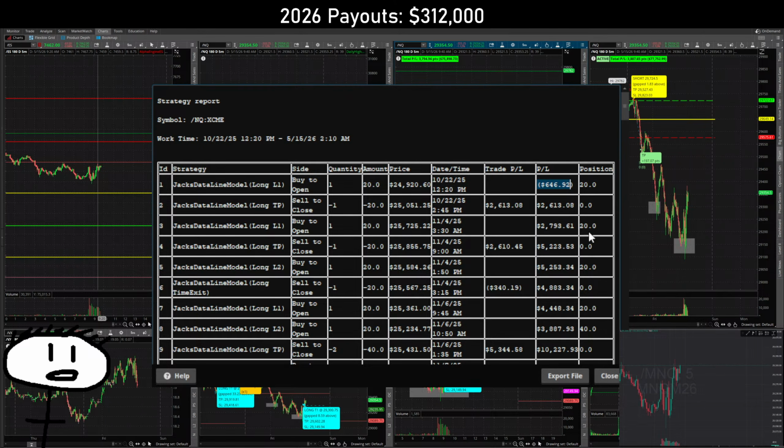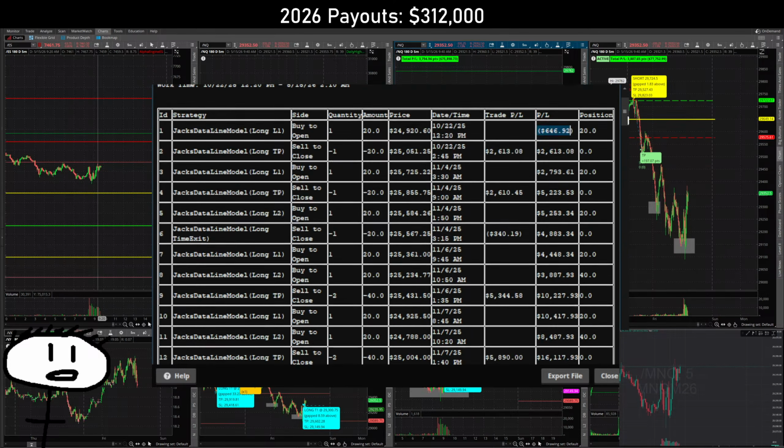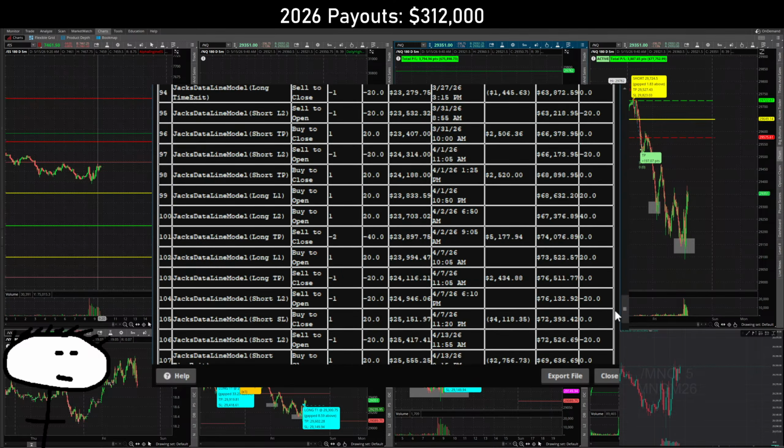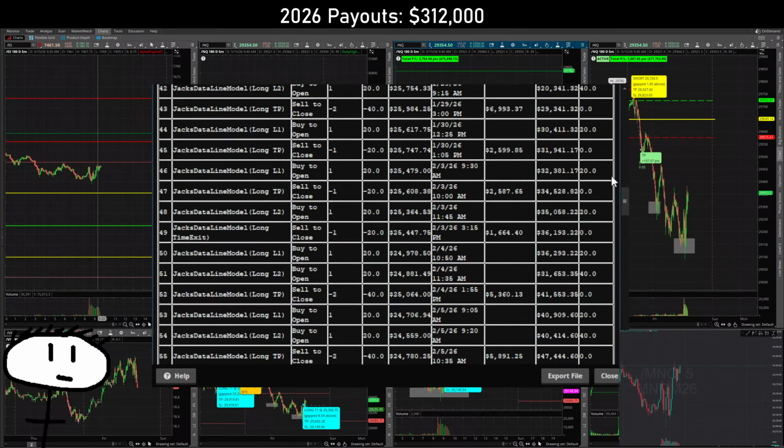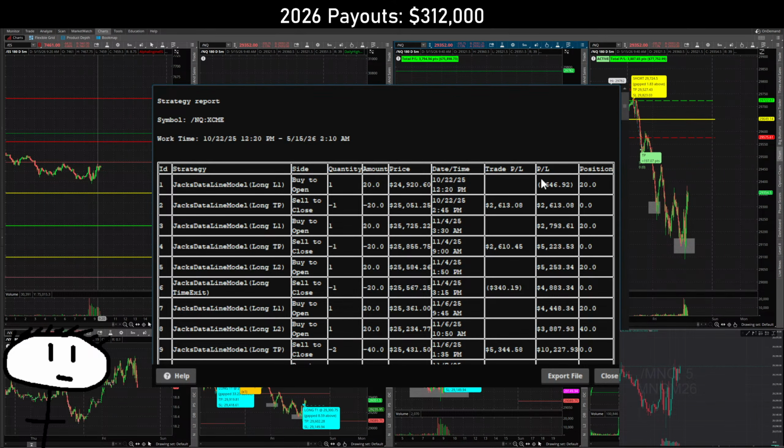After this first loss, we never went to drawdown ever again, over 50 trades. Now this is for 1 mini, so take that with a grain of salt. You probably have to take 10% of the size.